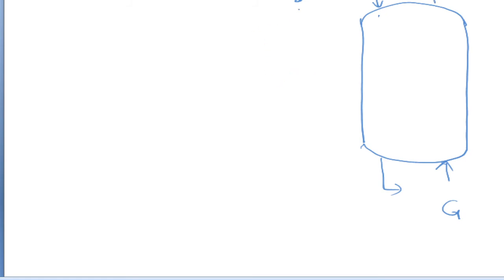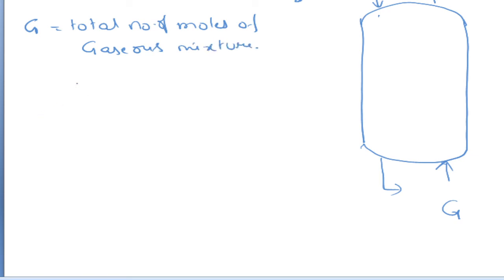Now how can we name the streams? Assume G is the total number of moles of gaseous mixture. Sometimes it can also be denoted as molar flow rate.